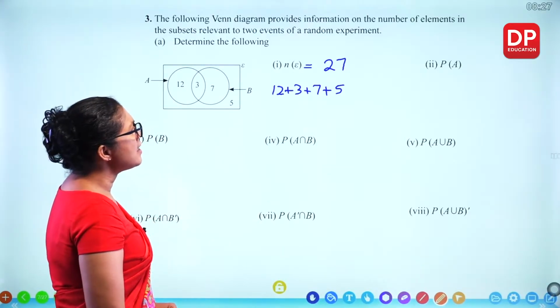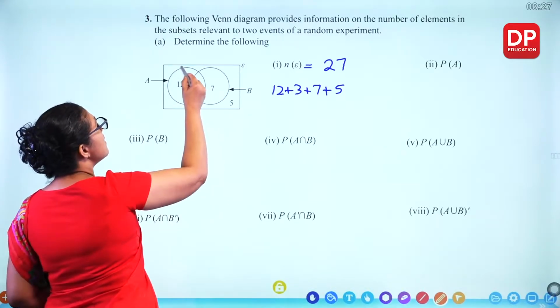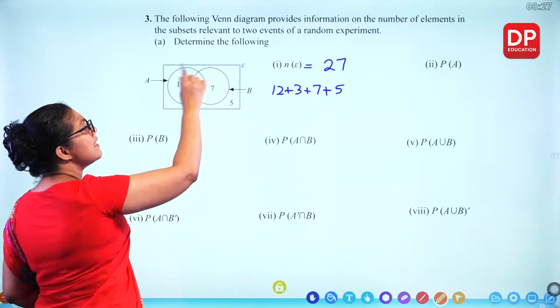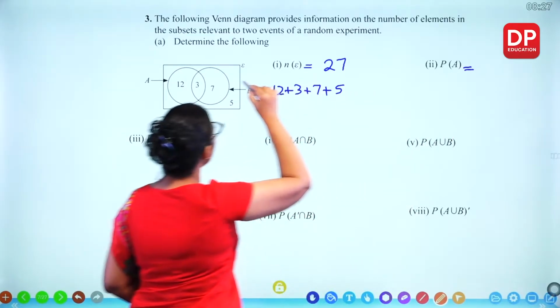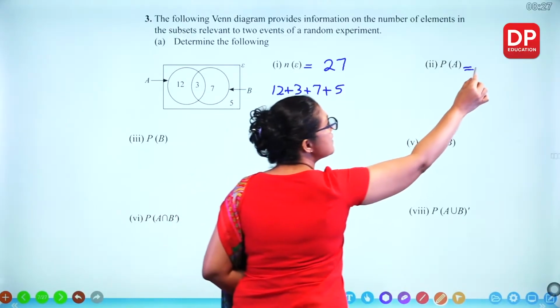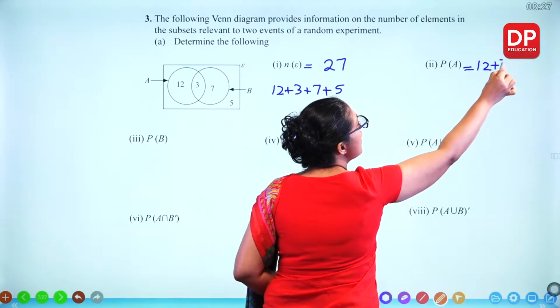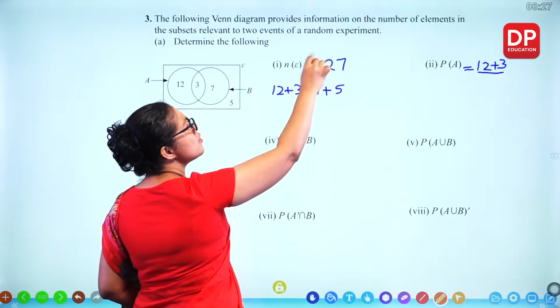Then the second part, probability of getting A. Here, when you take circle A, how many are there? So take circle A, 12 plus 3. So 12 plus 3 is the number of elements in A divided by total number.